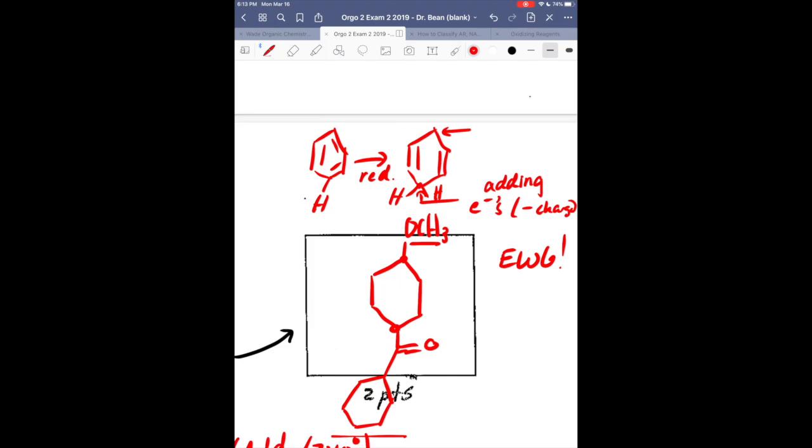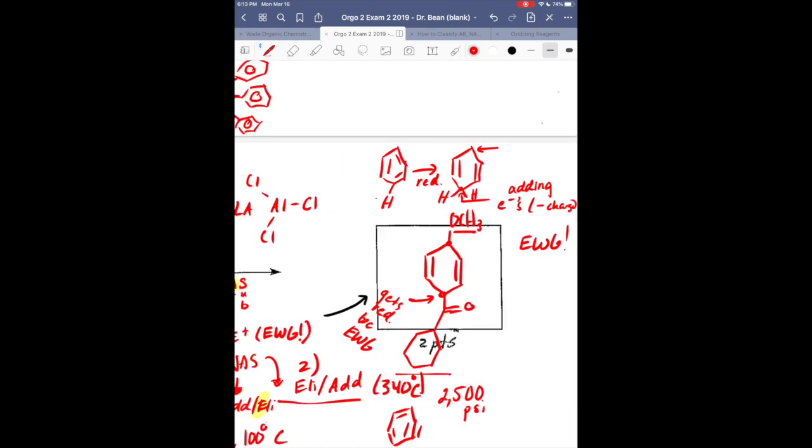So we are going to reduce the carbon that has the electron withdrawing group, and then the one across from it also gets reduced. You could draw the hydrogen, but you really do not have to. So these are the ones that stay with double bonds, okay?